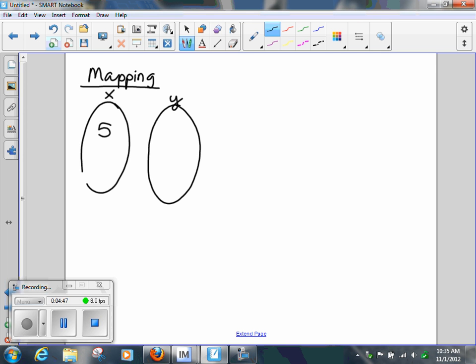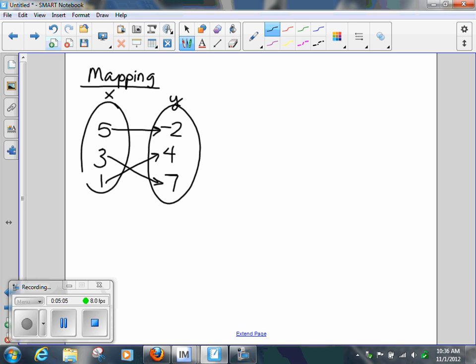And it could have however many numbers in there. Do y'all remember those? You briefly go over them in Algebra 1. That's called a mapping. It's just those two ovals.